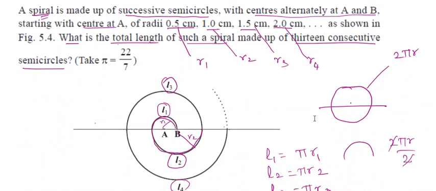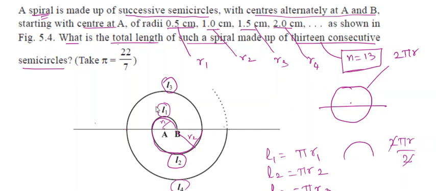So the number is 13 here. What is the number? That is the number of semicircles, which is nothing but n, is it not? So n here is 13. You should be able to convert this into the appropriate parameter. So n is equal to 13.